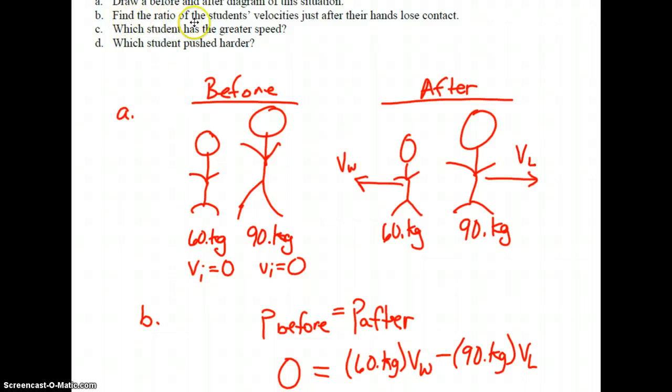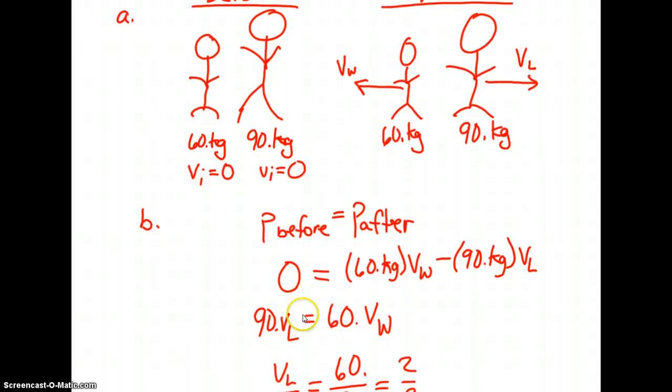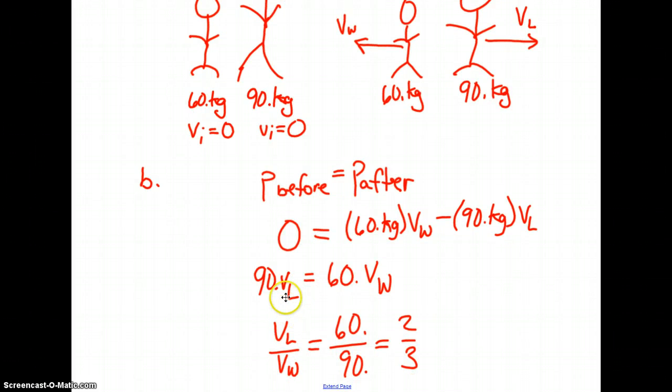Part B wants the ratio of the students' velocities, so we need a ratio of the speeds here. So I did a ratio of VL to VW. I divided both sides by VW and then both sides by 90. So VL over VW gives us 60 over 90, which is a ratio of 2 to 3.